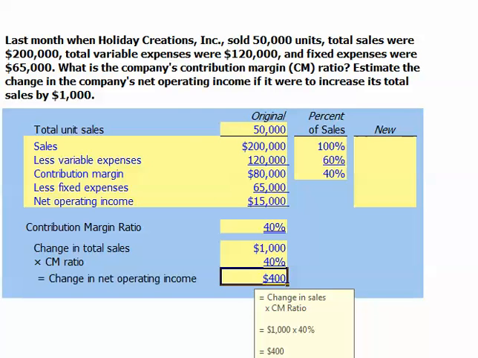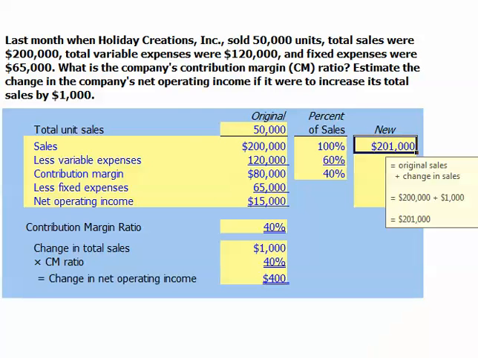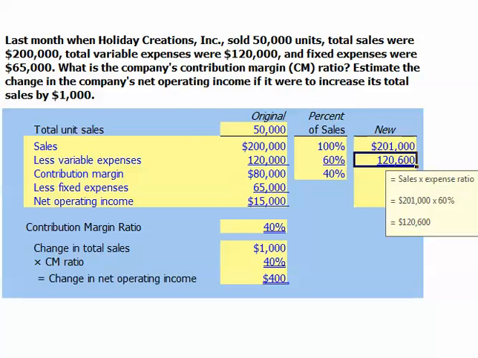We can verify this by preparing a new contribution margin income statement. Our sales were going to increase by $1,000, so sales increased to $201,000. Our variable expenses will be $120,600, which is our sales of $201,000 times our expense ratio of 60%.